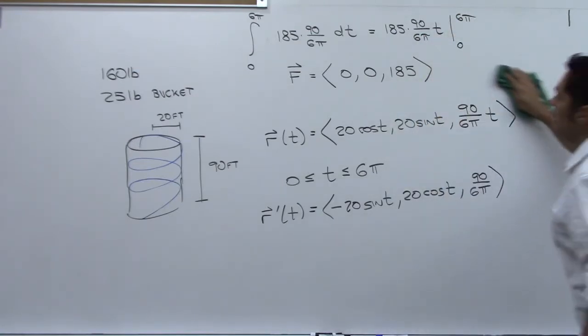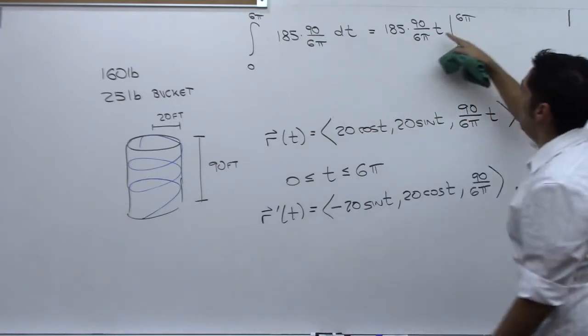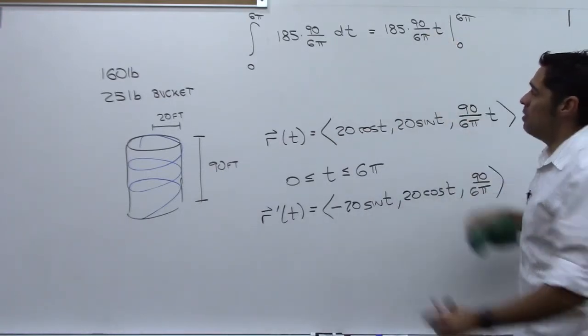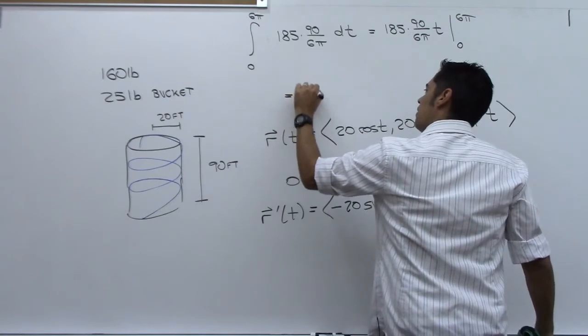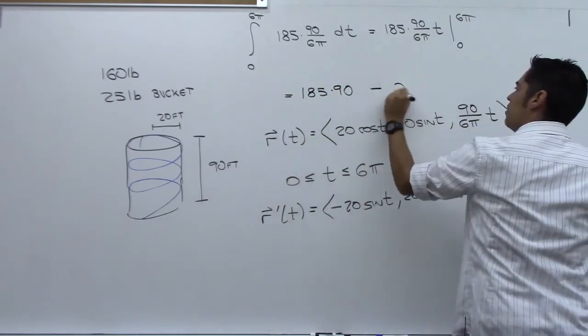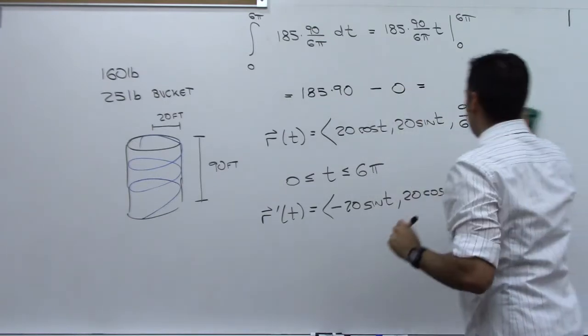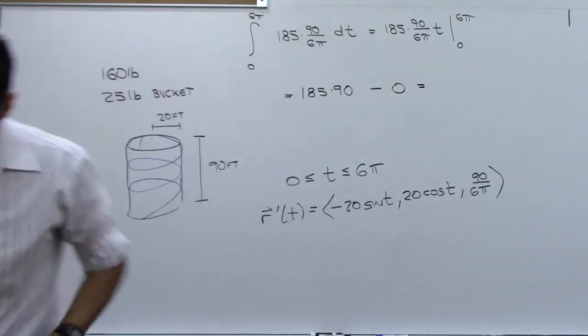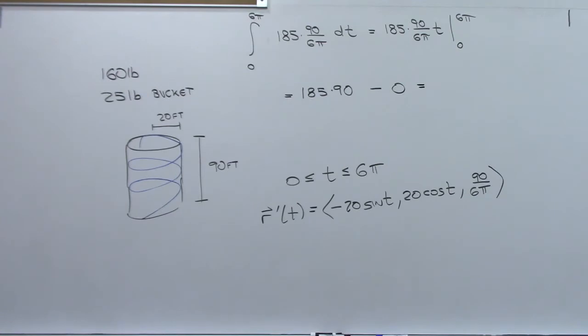And when you plug in, the 6 pi's cancel, you get 185 times 90, and then minus, when you plug in 0, you get 0. So 185 times 90 is, oh, they rounded.